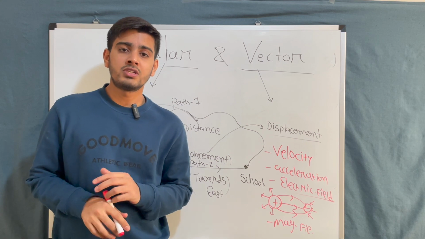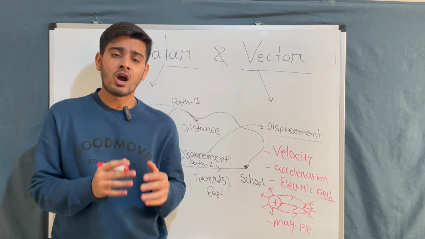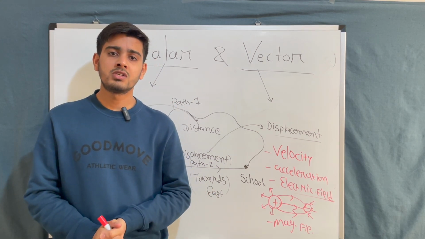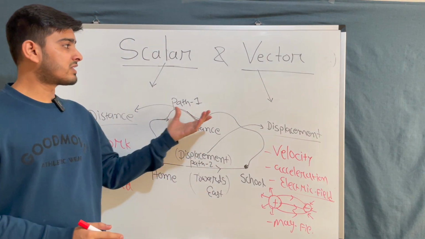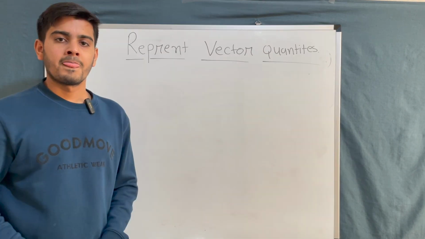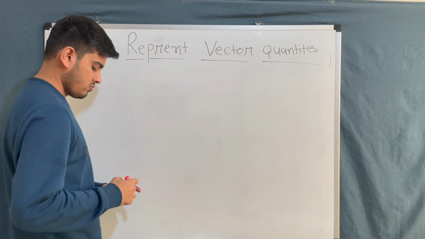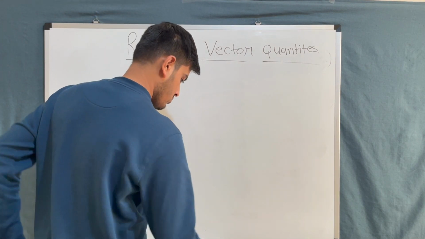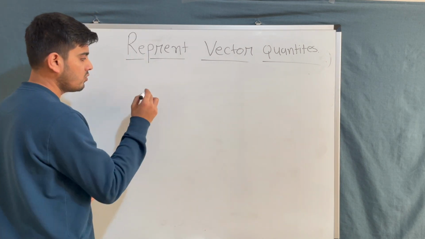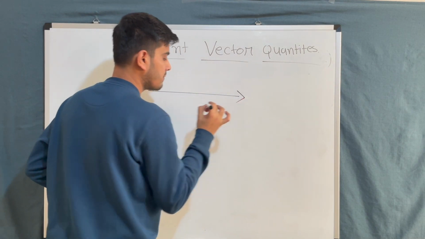Okay, so far we understood what physical quantities are, how we represent physical quantities, and the difference between scalar and vector quantities. We can represent any vector quantity by a simple arrow, something like this.